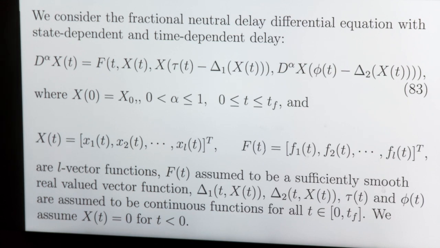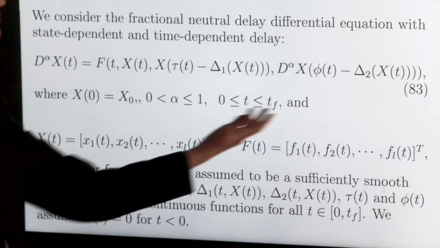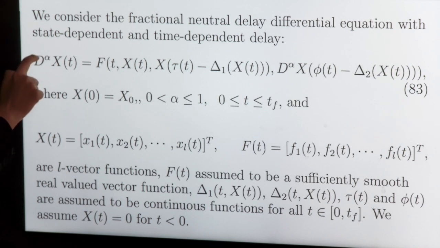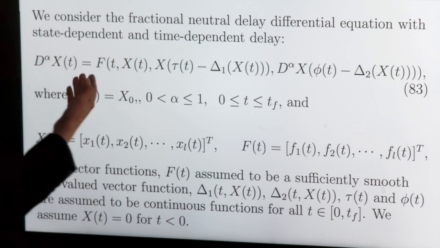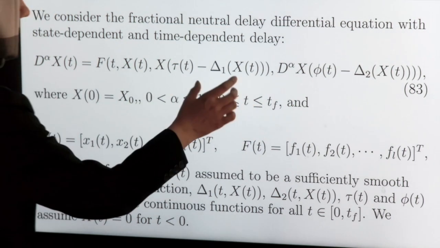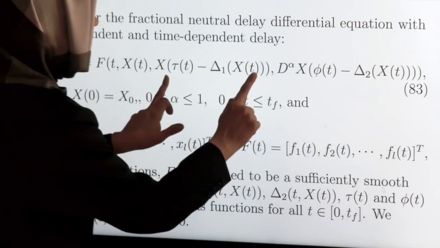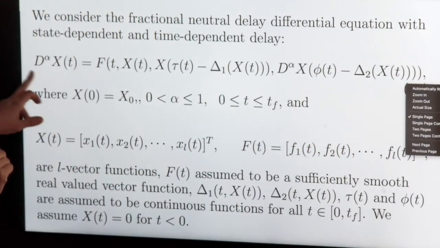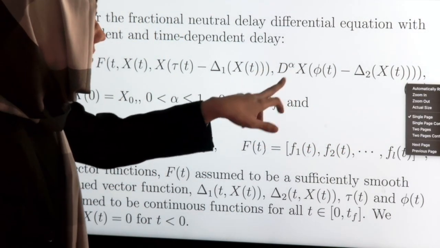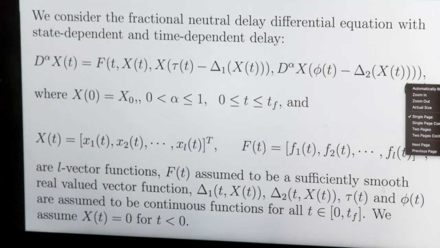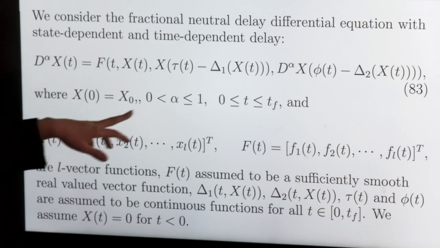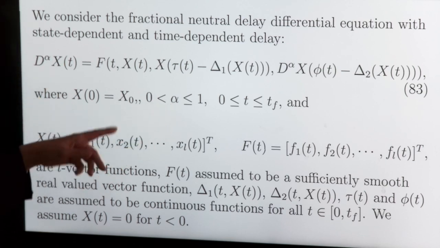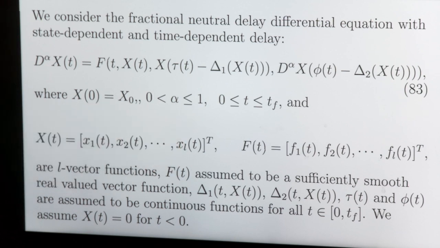Here we have the fractional derivative of order alpha of x of t, and the function is this. The delay terms are this part and this part, and also we have the fractional derivative in the function too. The initial condition is x0, and here we suppose that the fractional order is between 0 and 1.